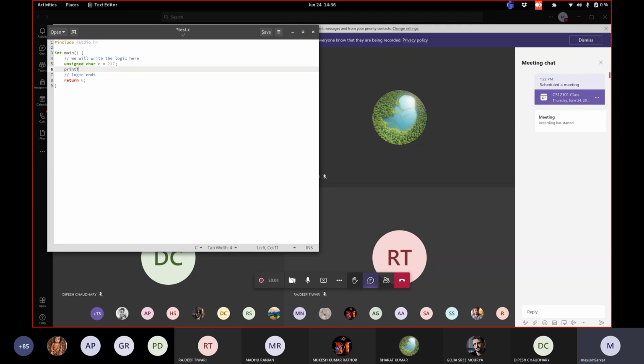Now let me write %d. Now %d is used to print a signed value. So what will happen is that this 217 will be converted to some signed value, and then it will be printed. I'll demonstrate in detail later what %d and %u are, each and everything.